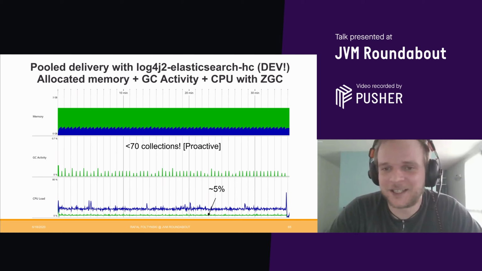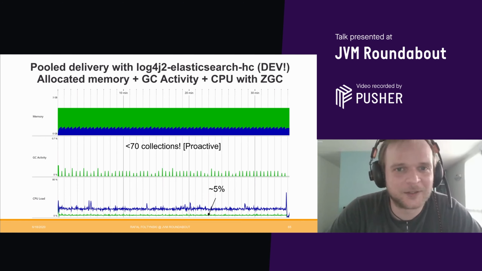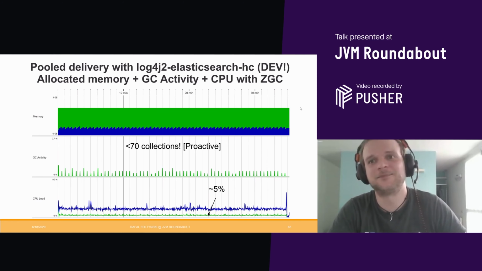I could finally see that the CPU usage was quite stable at roughly 5%. So let's see how Jest is doing at 50,000 logs per second.